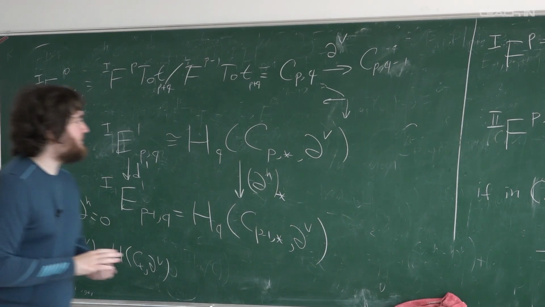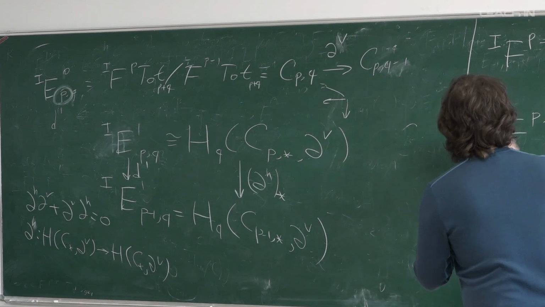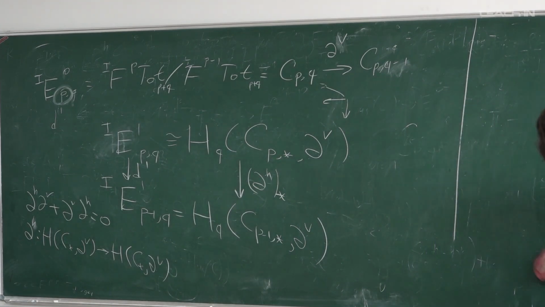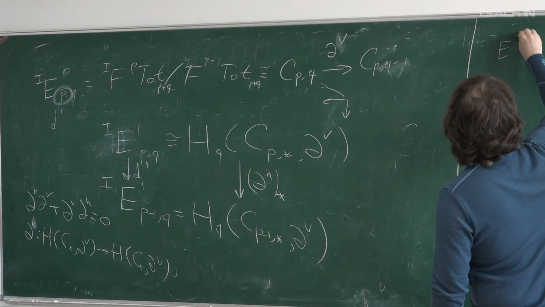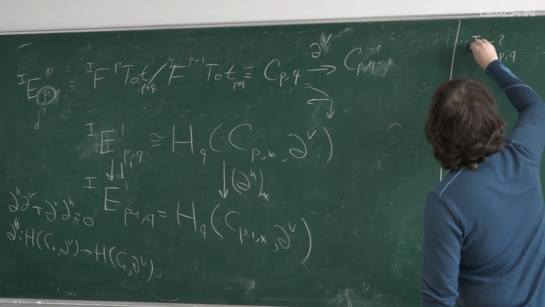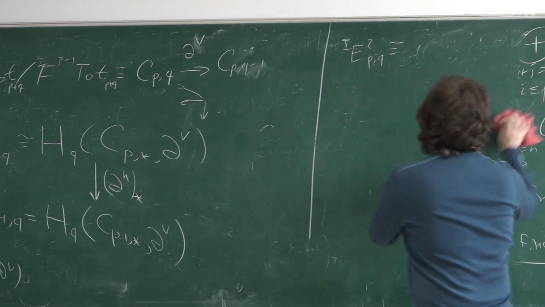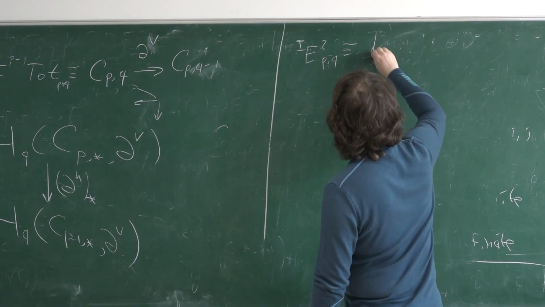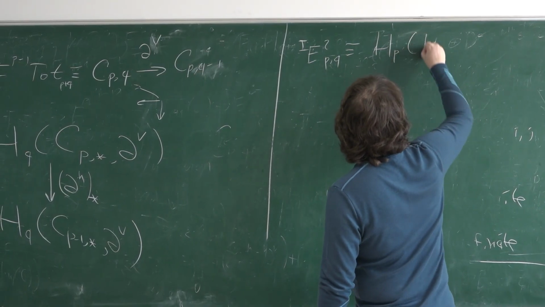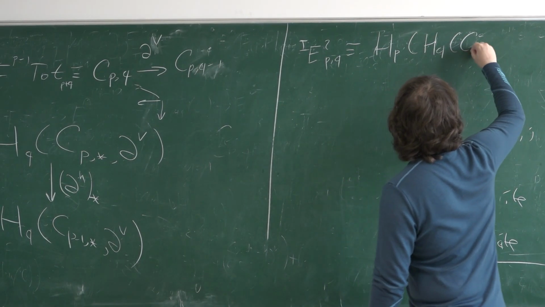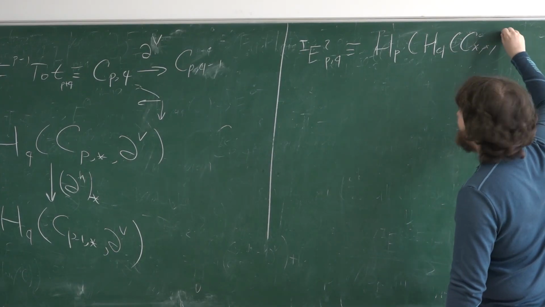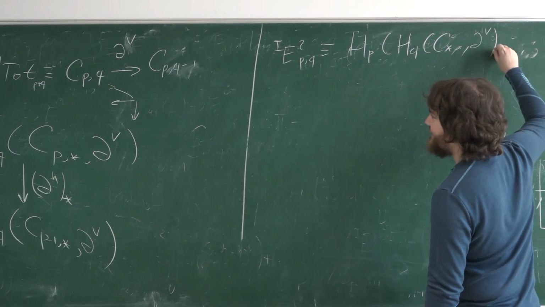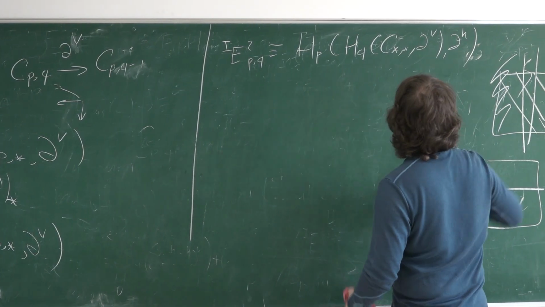So the second page of the first spectral sequence is just the P-homologies of the Q-homologies of our bicomplex, first under the vertical differential and then the horizontal one.